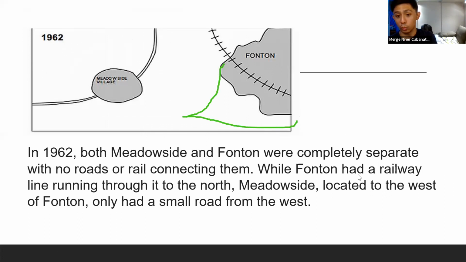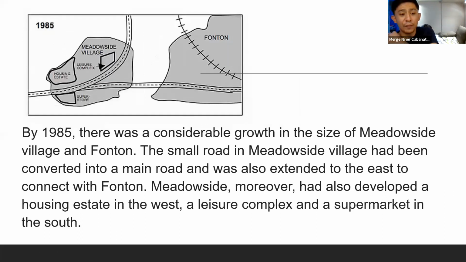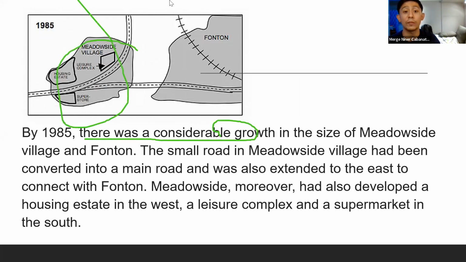All right. So how to write that in a statistical report? By 1985, there was a considerable growth in the size of Meadowside Village and Fontan. That's it. That's the summary of what happened. There was a growth, not only in Meadowside, but also in Fontan, because Fontan originally has this, and then it extended beyond here.